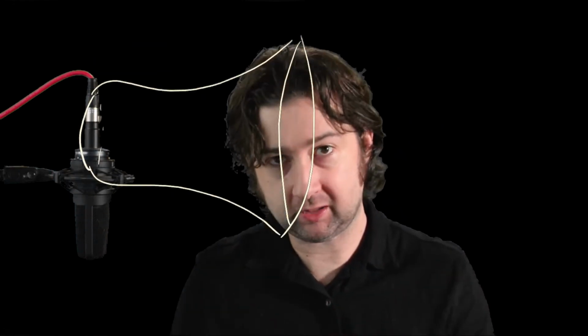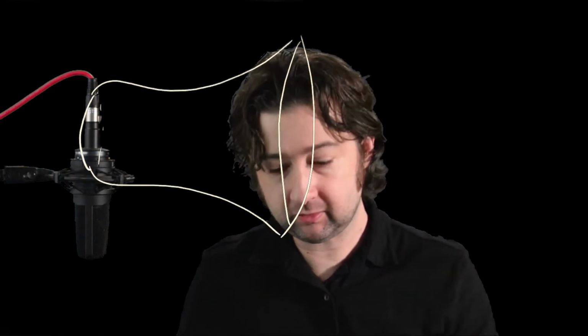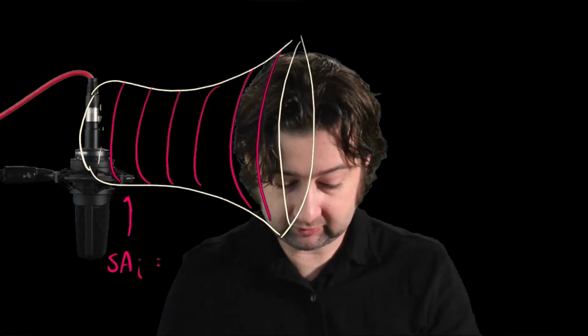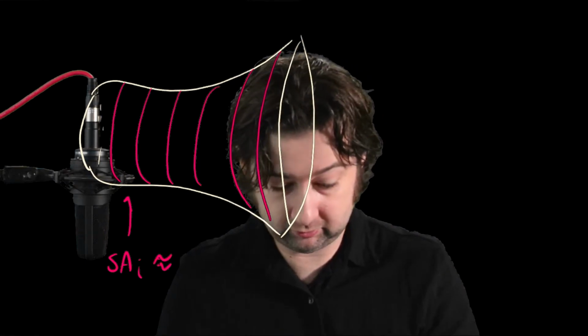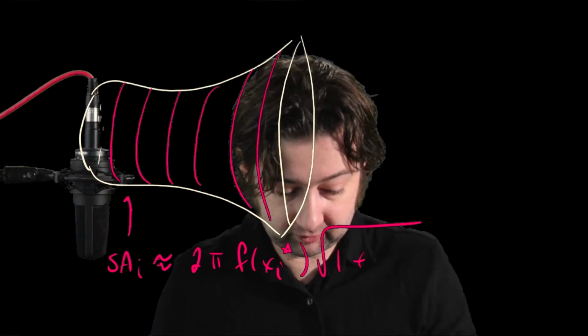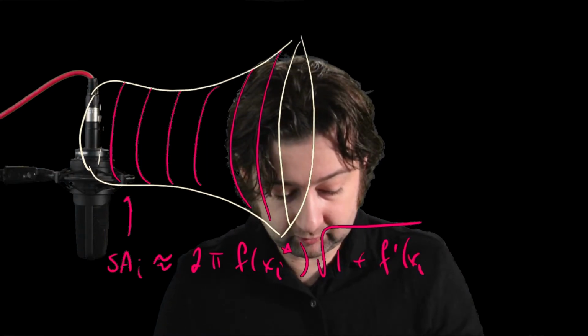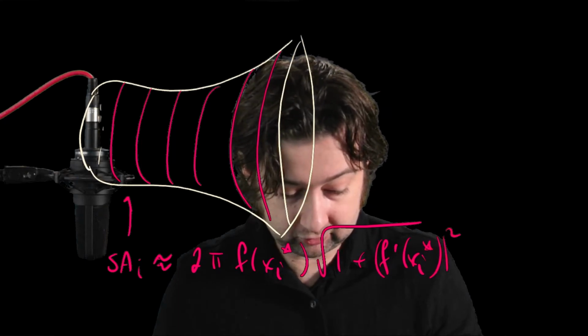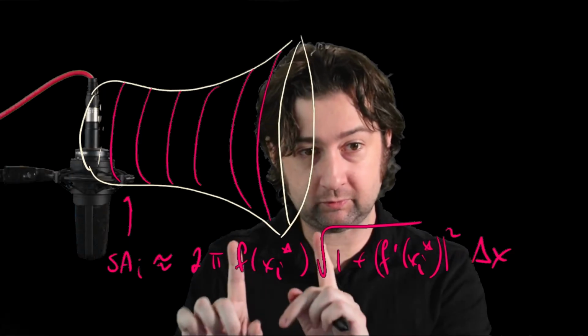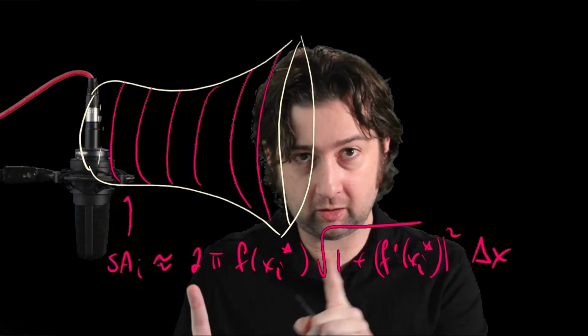If I had a whole shape and I wanted to approximate its entire surface area, I think of taking this and cutting it up into lots of bands. The ith surface area is going to be about equal to 2 pi f of xi star square root of 1 plus f prime of xi star squared delta x. Remember, all that we really did here was, this is really the formula 2 pi rl.